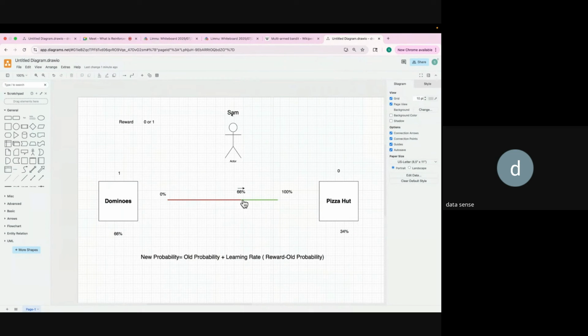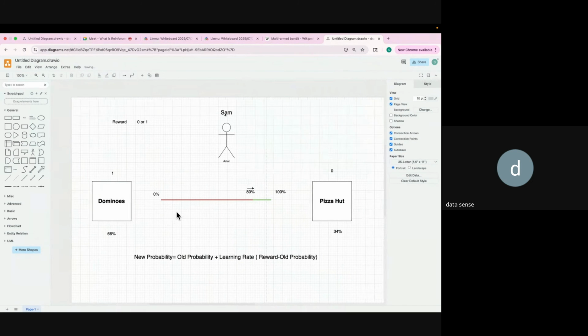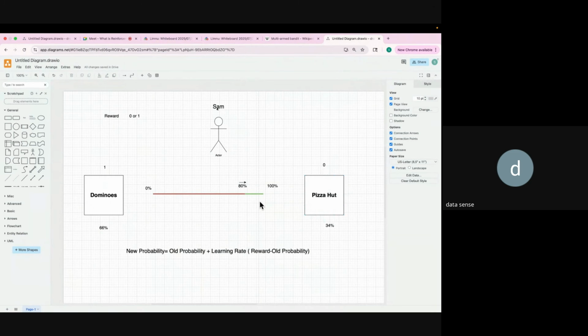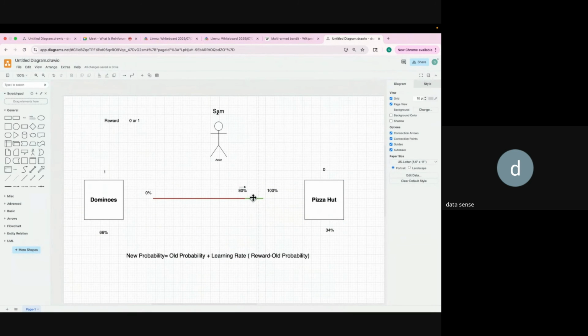Because of this probability, let's say after some time this probability becomes 80%. Now, out of 10 times, 8 times you are going to Domino's. So you are exploiting Domino's, but you are not only exploiting, you are exploring Pizza Hut as well. So what is a complete exploitation?